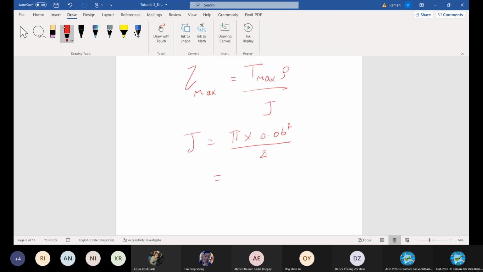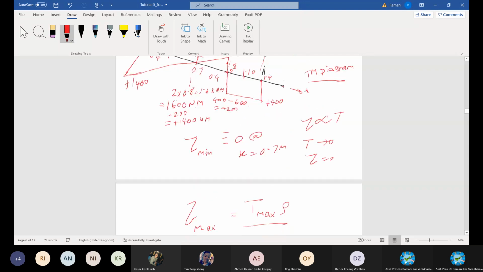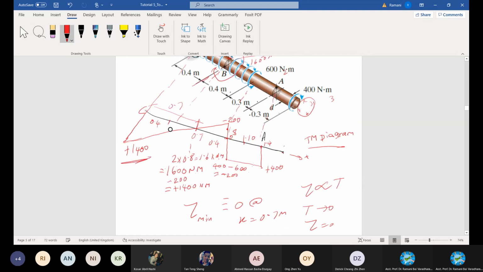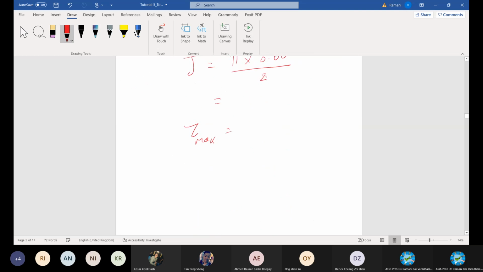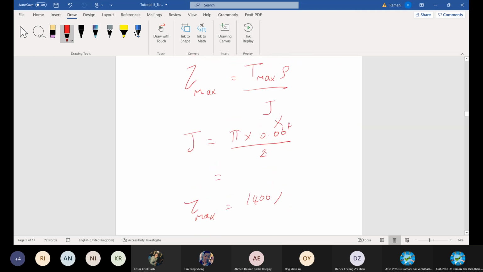Torsional moment. With this I can find the maximum shear stress, which is, how much is the maximum value you achieve? 1400, isn't it? 1400 times the distance.